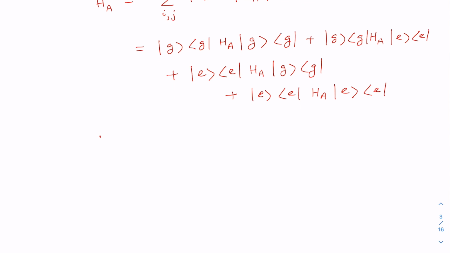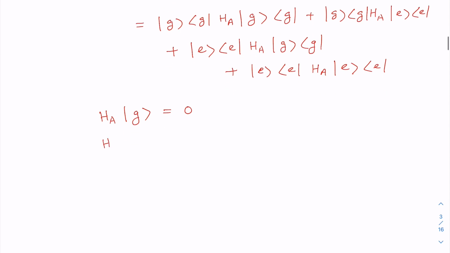Now we have this eigenvalue equation. When the atomic Hamiltonian operates on the ground state, we are going to get zero energy, and if it operates on the excited state, it will pop out energy ħω0.